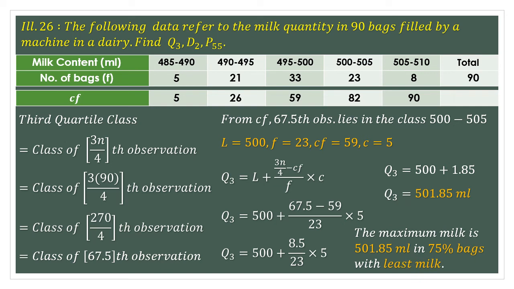Okay, so the 75% of bags which have the least milk, that maximum milk amount is 501.85 ml. So Q3 tells us that the 75% data is less than this value. That means 75% of the bags fill less than 501.85 ml milk in it.